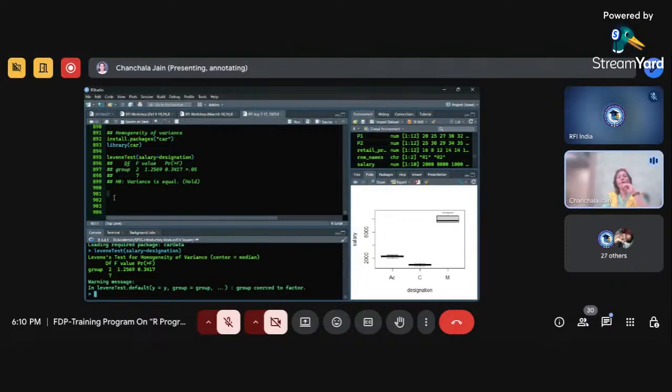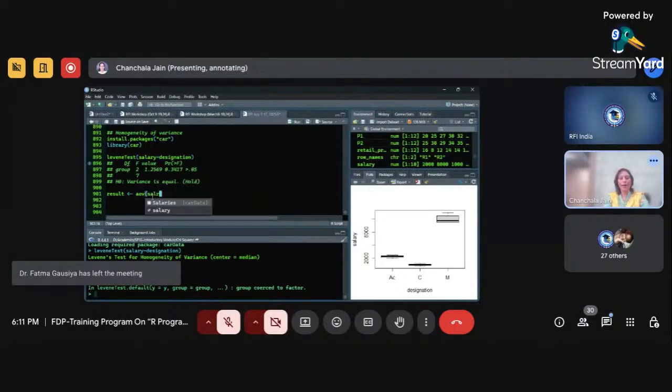So I hope I can go ahead. I created one object here named result. I'll use the function aov, that is ANOVA, right?